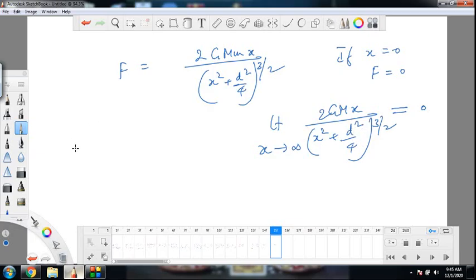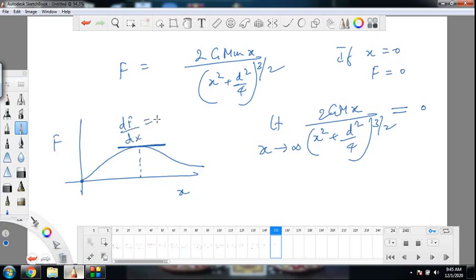Wherever force is maximum, in fact if you plot a graph of force versus x, it looks like this. Initially force is 0, then it looks like this. So somewhere force is maximum, there the slope of tangent is 0, means dF by dx is 0. So whenever something is maximum, derivative of that quantity with respect to some variable must be 0.